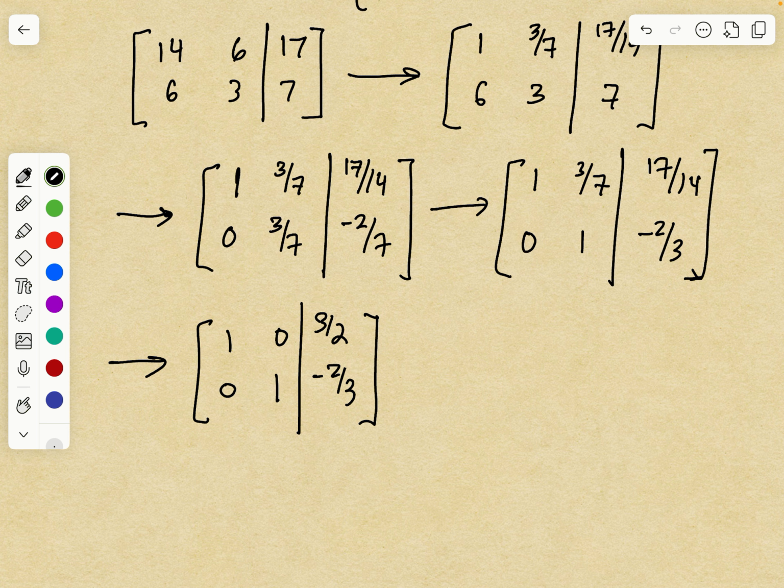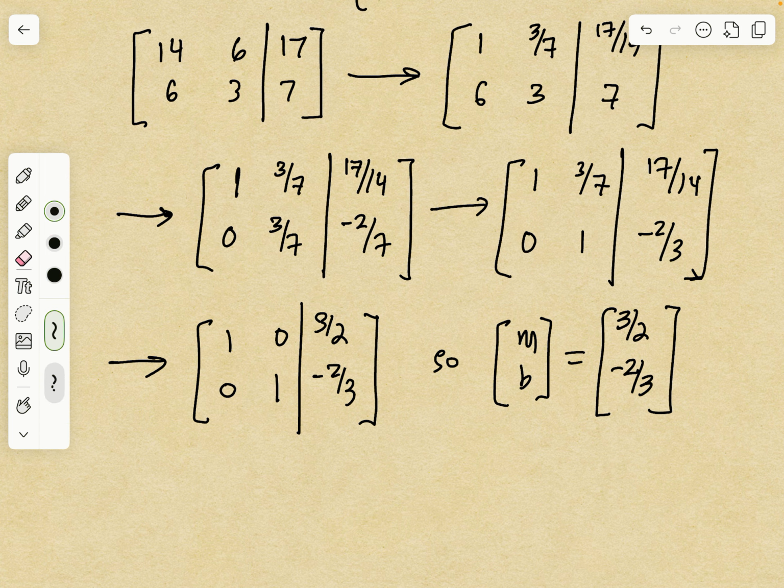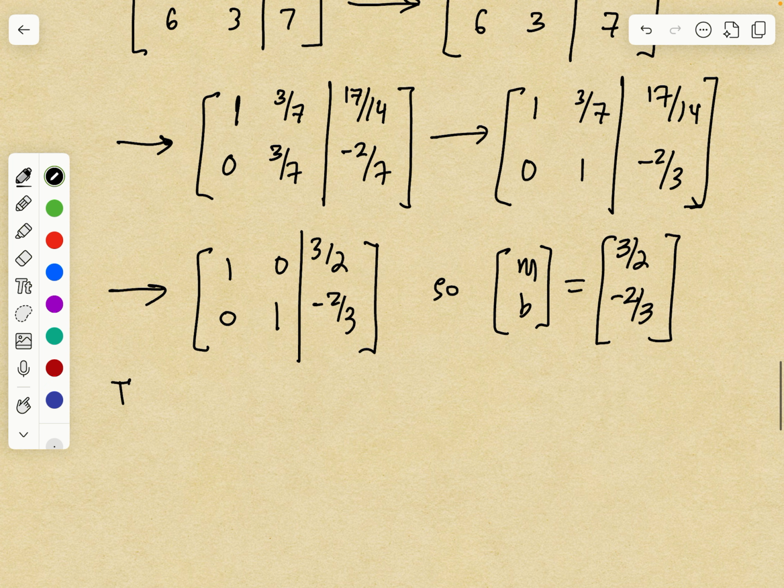And so there we see that this vector MB is 3/2, negative 2/3. So what's the line of best fit?